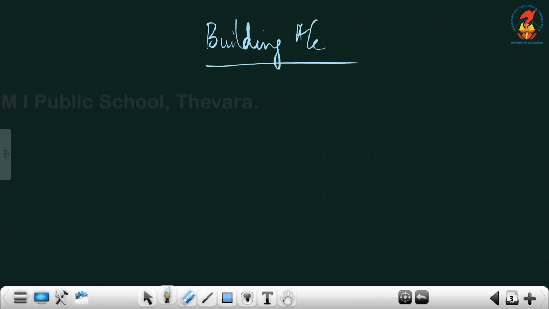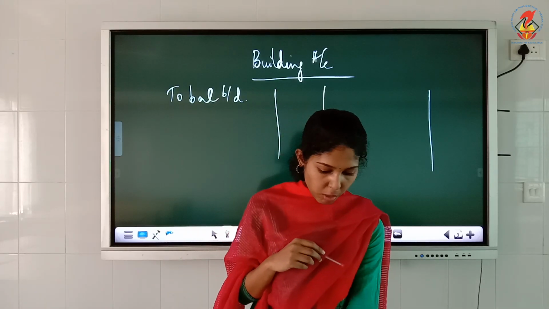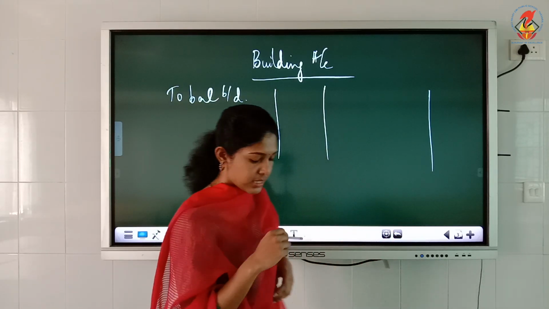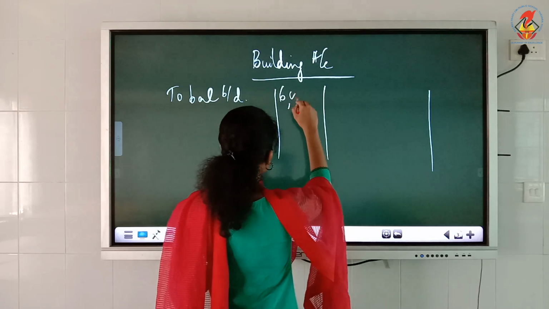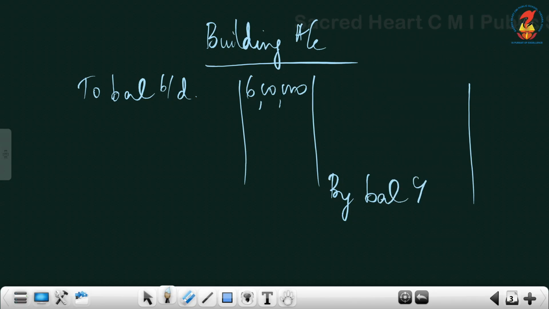So building account, particulars amount, we'll start with the opening balance. To balance brought down. Take it from the balance sheet, but see the dates very carefully. Okay, the opening value is 6 lakhs, that is 2019 figure. Immediately after that you can write the closing, that is by balance carry down, which is 6 lakhs.